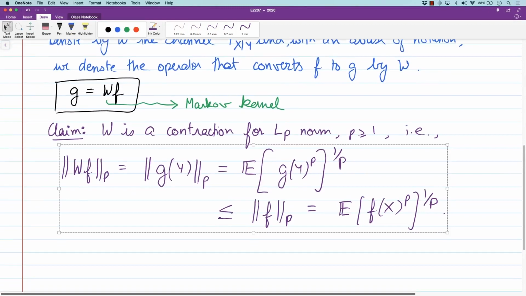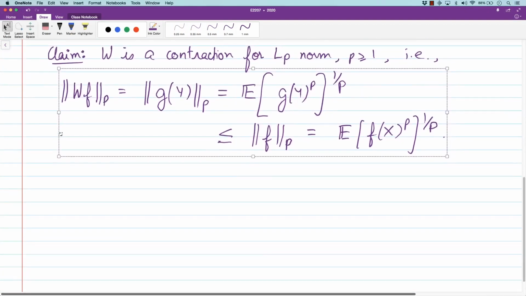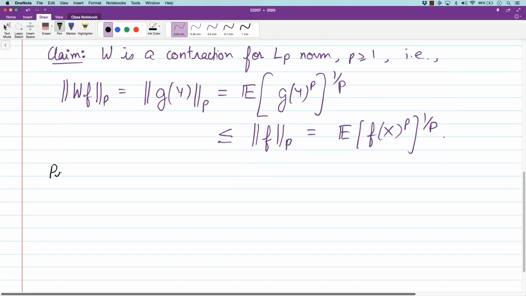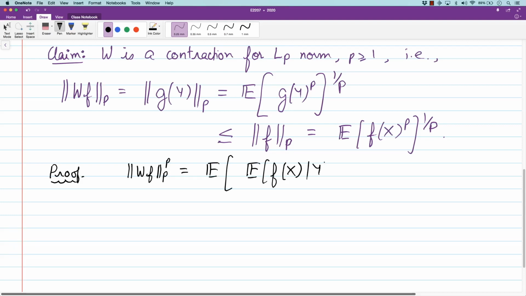So how do we show this? Well, the proof is actually not so difficult. The proof is just Jensen's inequality. The L^p norm to the power p for g is simply the expected value of the conditional expectation of f of X given Y to the power p, and this is less than or equal to the expectation of f of X given Y to the power p, if we take the expectation inside.